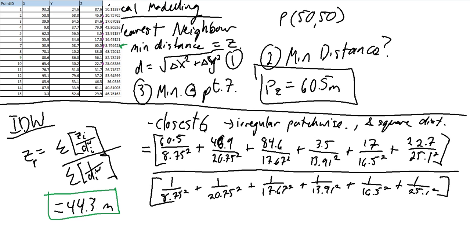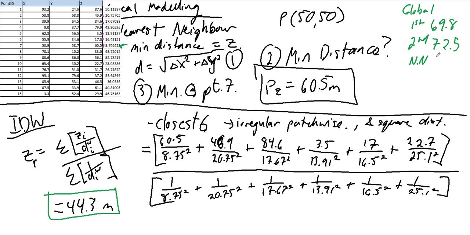So if we go back to the values that we had with our global model, we had the first order, which was 69.8. The second order was 72.5.